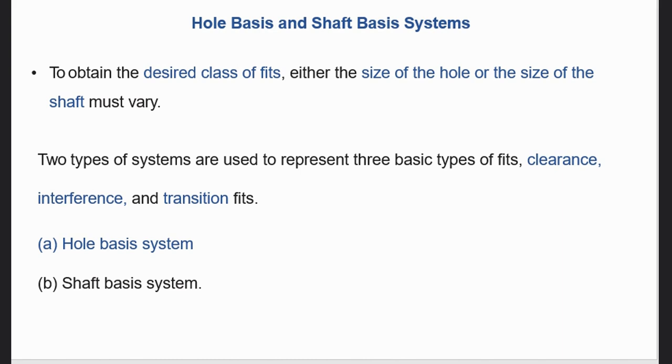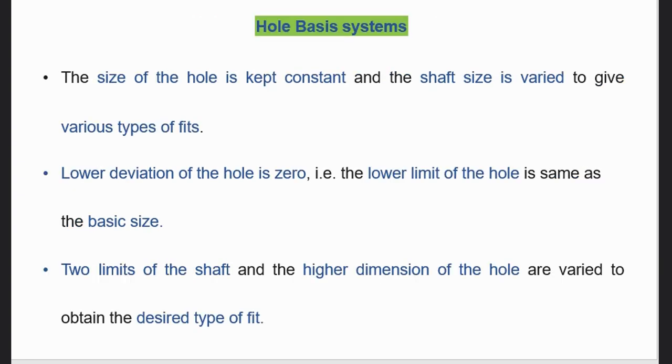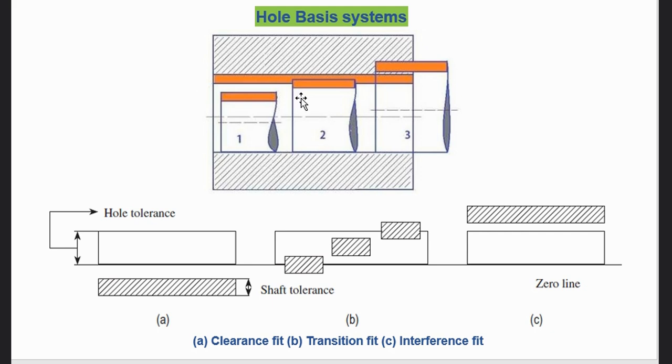So the basic idea behind hole basis system is that I will keep the hole size constant and keep changing the shaft size. Whereas in shaft basis system, I keep the shaft size constant and keep on changing the hole size. Both systems have their own advantages. Let's say this is the hole basis system.